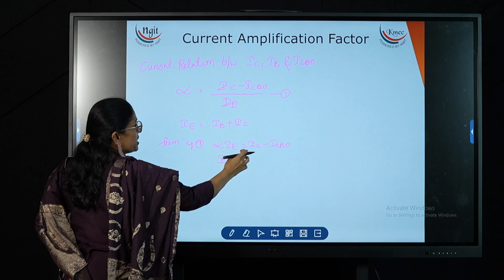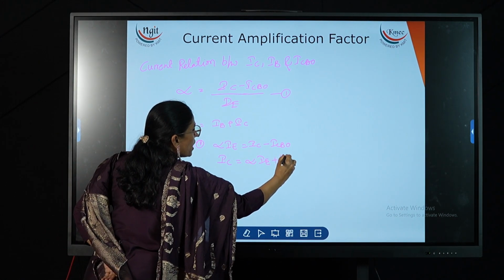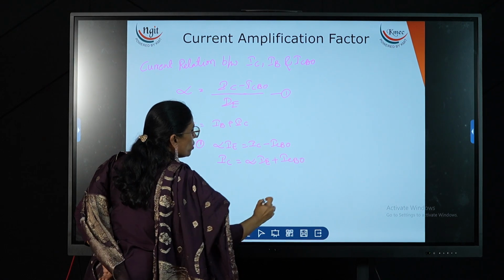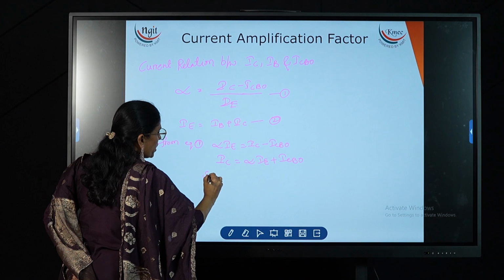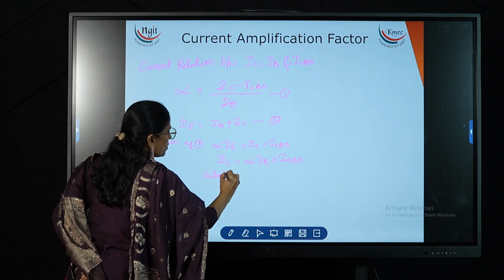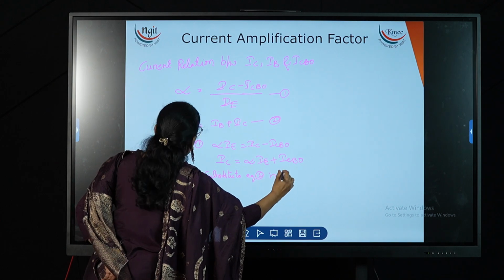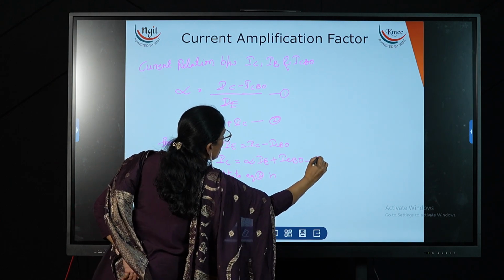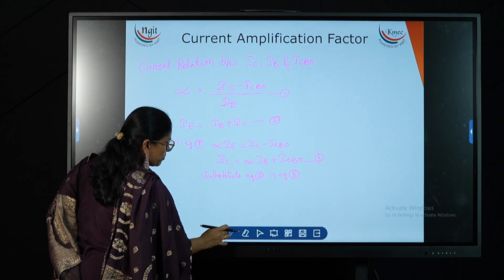So IC is equal to alpha IE plus ICBO. Taking this as equation 2, and the total current as equation 3, we substitute equation 3 into equation 2.